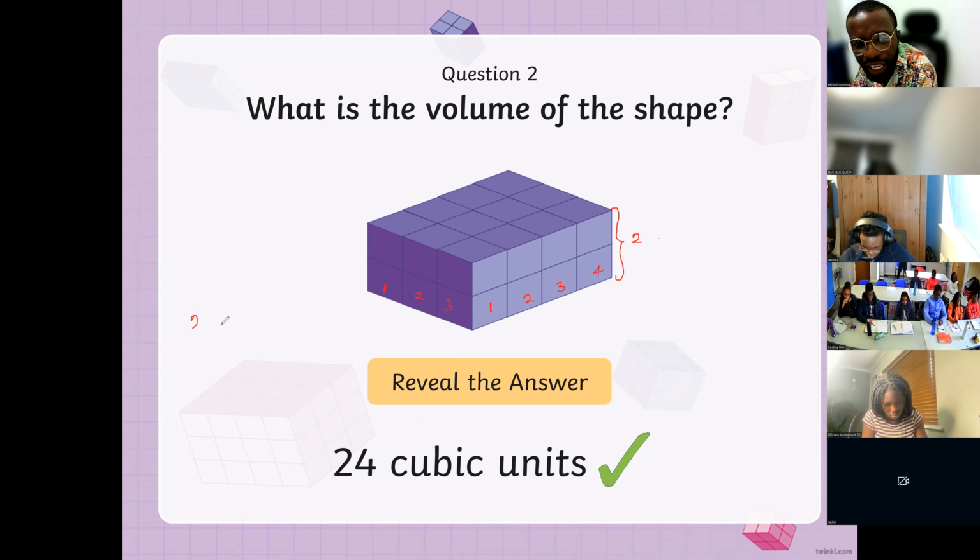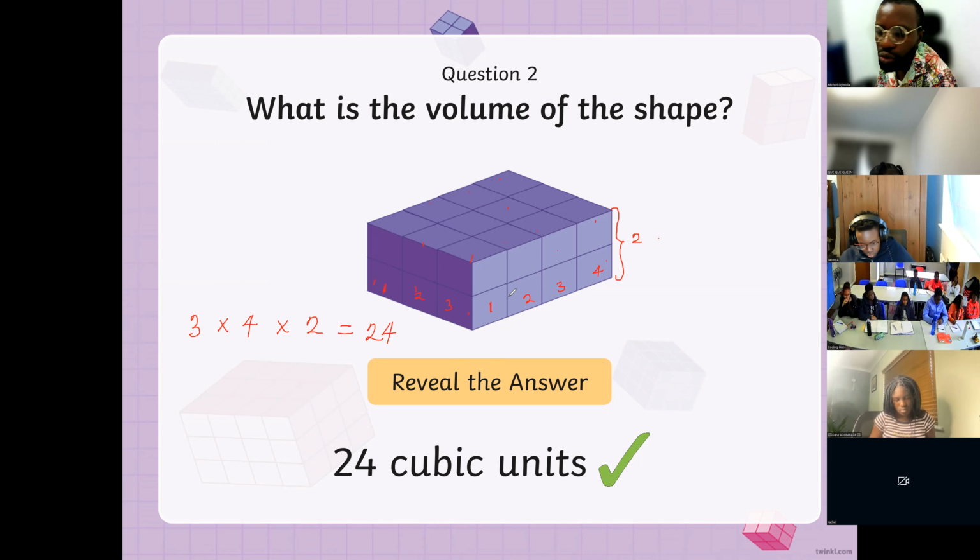So 3 times 4 times 2. That would be what? 24. Or you simply count 1, 2, 3, and so on up to 24. So you either count or you multiply. So it is 24.